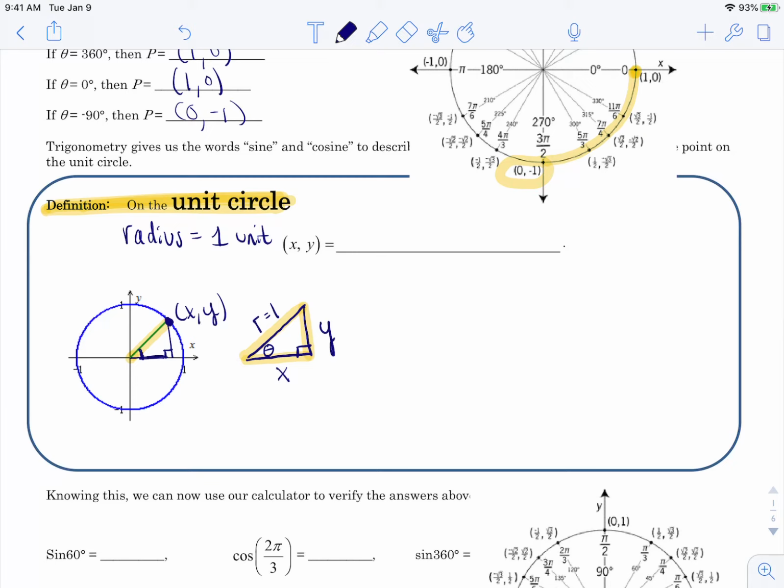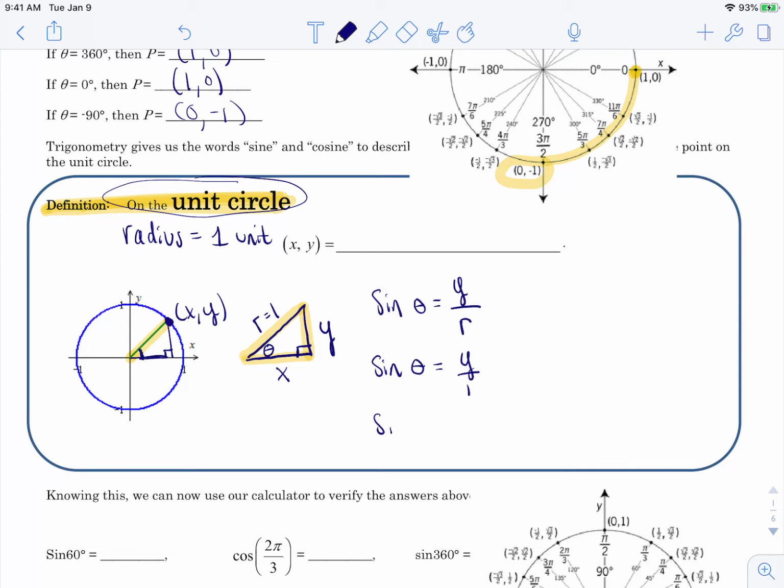So if we're using some past definitions, let's say I want to find sine of theta. Well, that definition is y divided by our hypotenuse, which I labeled r because it's the radius of our circle. But r, because we are guaranteed to be in the unit circle, is 1.